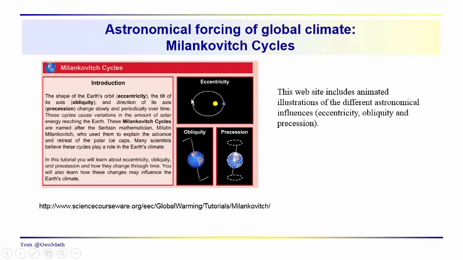There's eccentricity, which is roughly 100,000 year cycle from almost circular to highly eccentric and back again. There's obliquity, which is the tilt of the Earth's axis, and that's a 41,000 year cycle. And then there's precession, kind of the wobbling top.